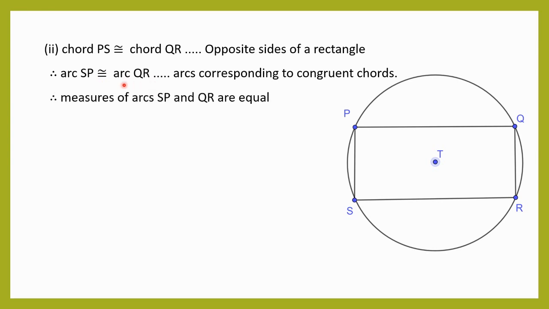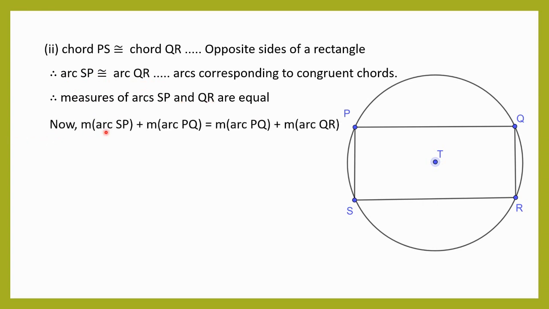Now, when two arcs are congruent, their measures will also be equal. We know the definition of congruence of arcs: two arcs are said to be congruent if their measures and radii are equal. Therefore, here we have proved arc SP is congruent to arc QR. Since the two arcs are congruent, the measures of arc SP and arc QR are equal.